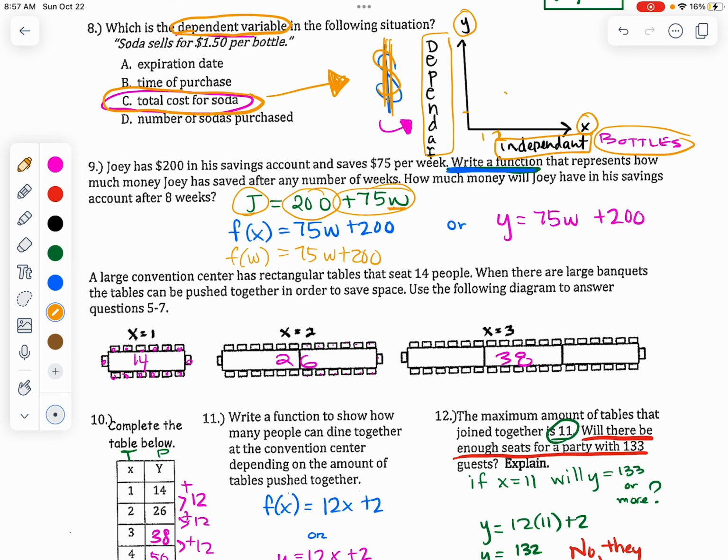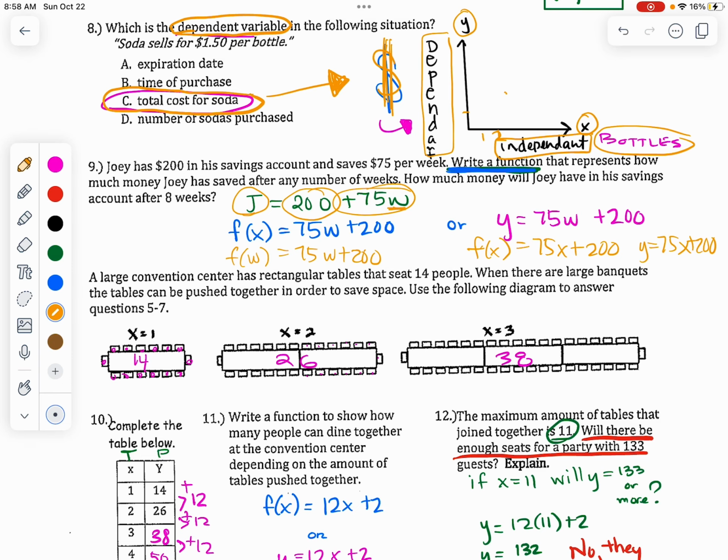But it's okay to do f of x, or you could do f of w. It doesn't matter. You could have just done f of x equals 75x plus 200, as well as y equals 75x plus 200. It's really up to you, but as long as you understand that that's what a function rule is.